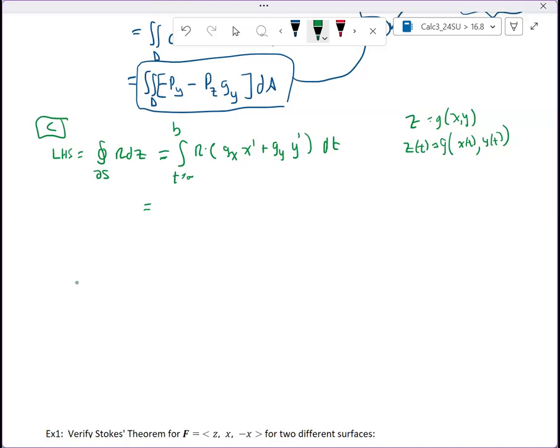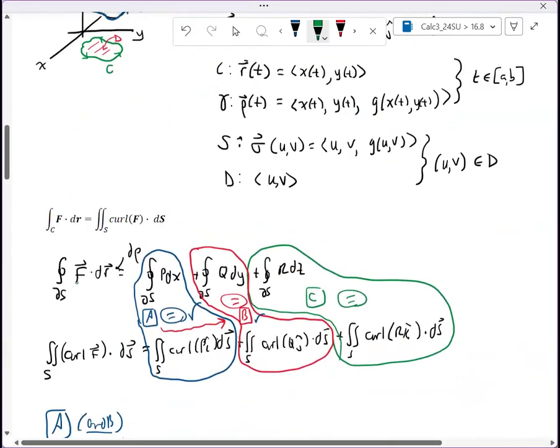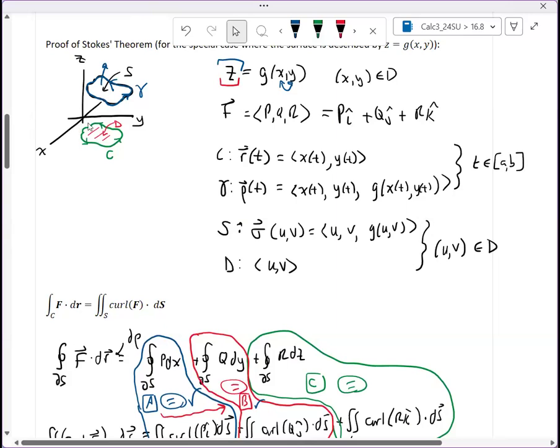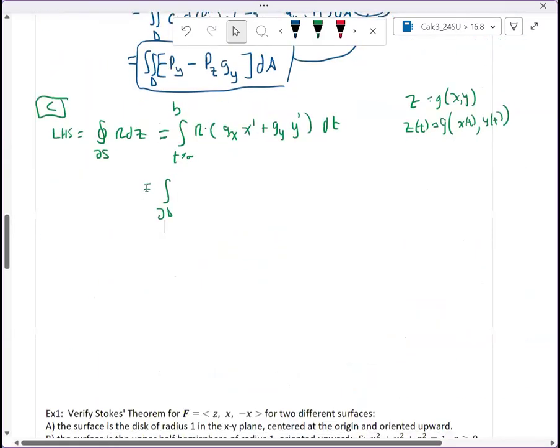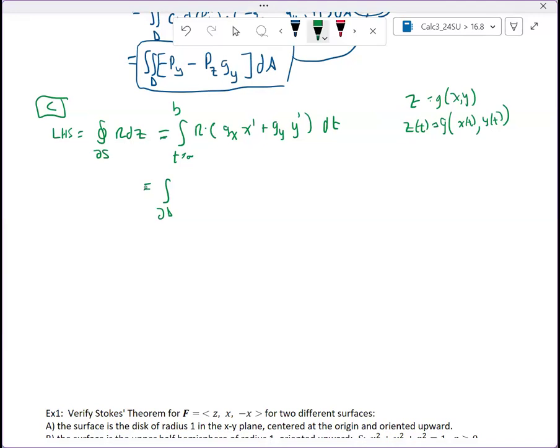But I can also think of this as the integral over the boundary of D, this two-dimensional boundary, this curve C, of what?